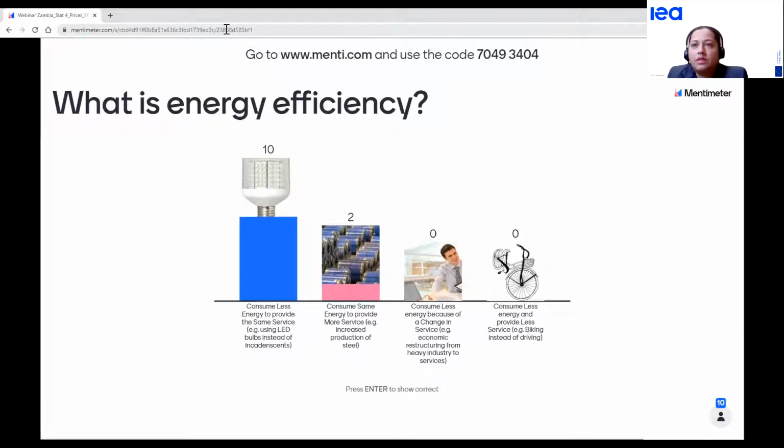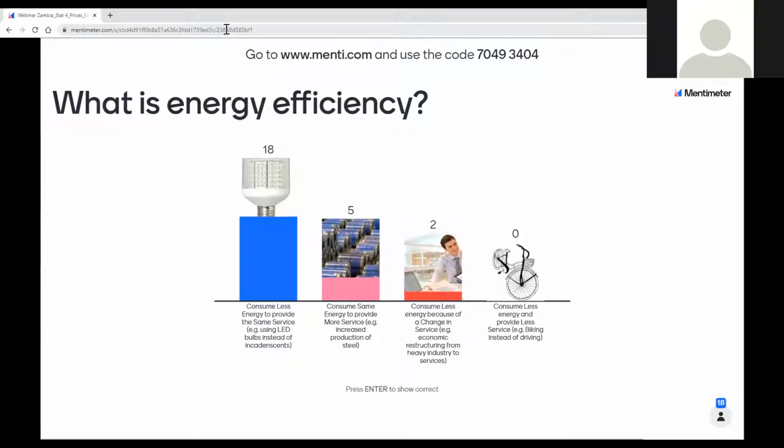So what is energy efficiency in these 4 examples? You can have more than one good answer.